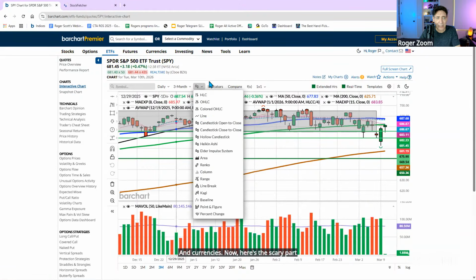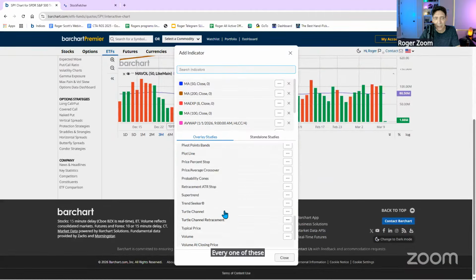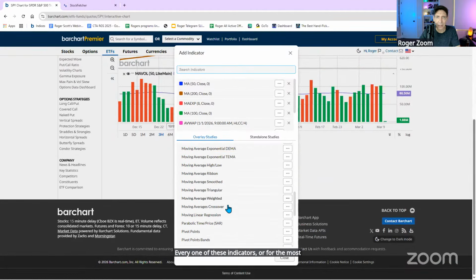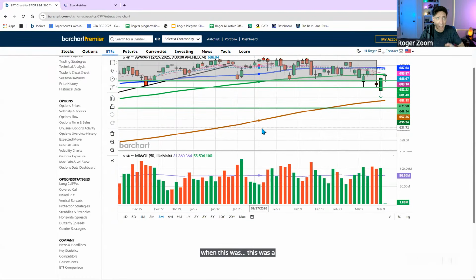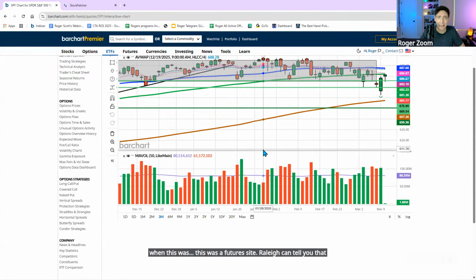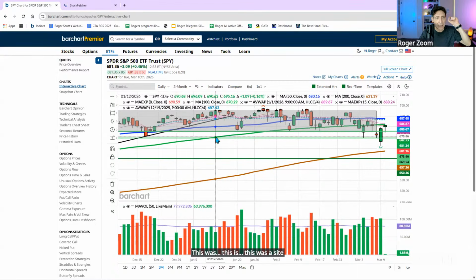You see these indicators right here? Every one of these indicators, or for the most part, they were still there when this was a futures site. Raleigh can tell you that. This was not a stock site. Nope. This was a site solely focused on futures, not stocks.